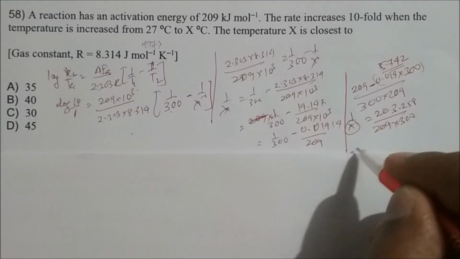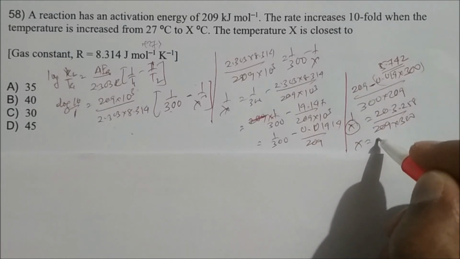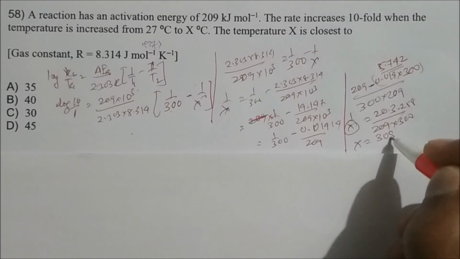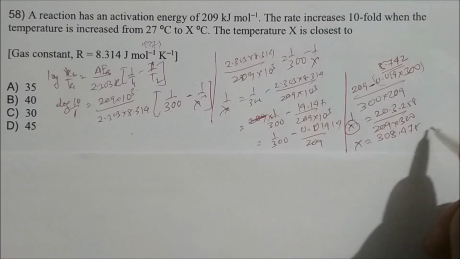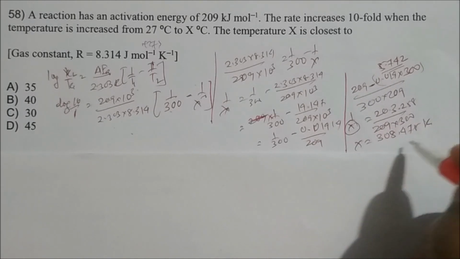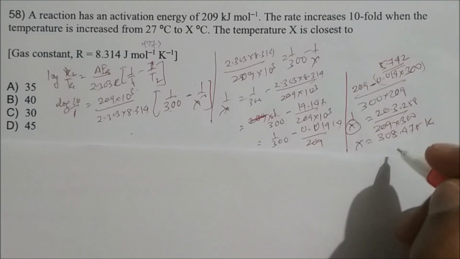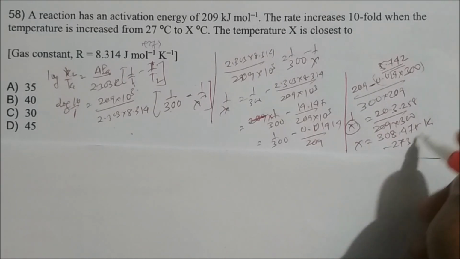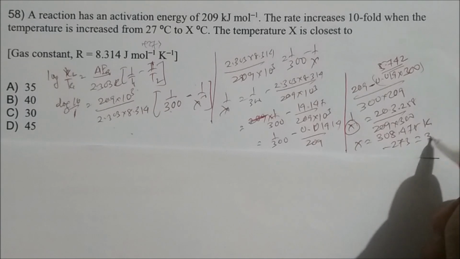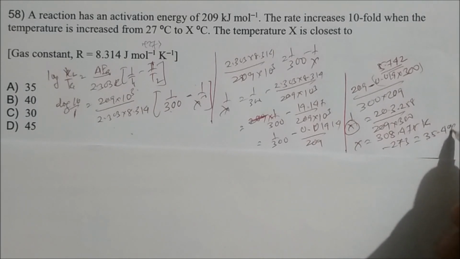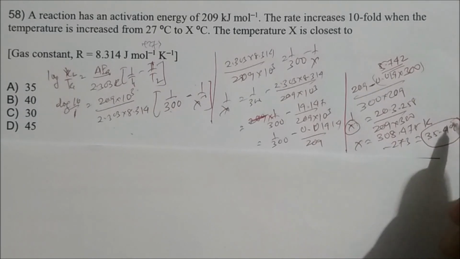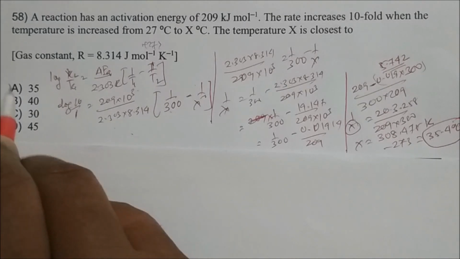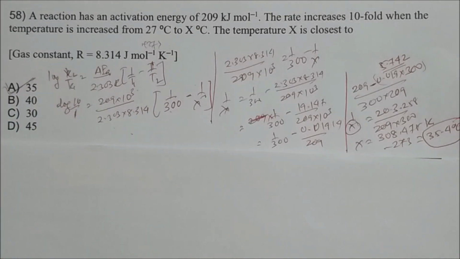Now we can find X. If you solve this value, X will come to 308.474 Kelvin. If you subtract 273 from this value, you will get 35.4 degrees centigrade. So comparing from here, it is only about 35 degrees centigrade.